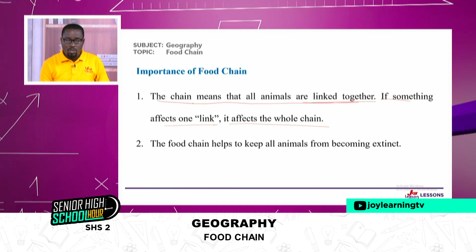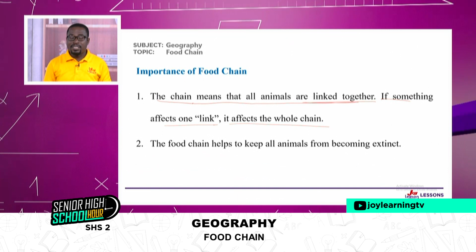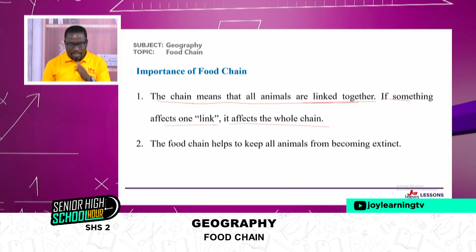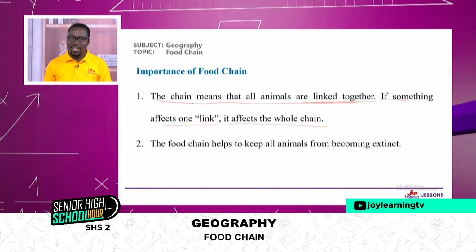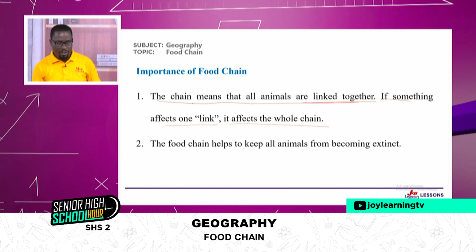Energy. So in other words, when the flow is cut off, it means the ecosystem will be affected. So organisms are linked to each other. At a point where an organism fails to do its work, the ecosystem will not work. So food chain is very, very important.